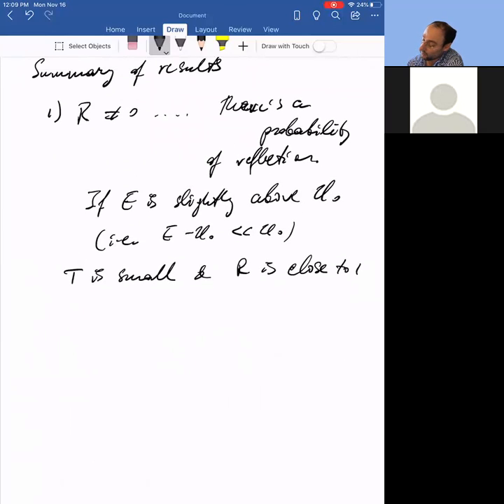Point 2 is, well, okay, so as E grows, the probability of reflection decreases, and T increases.